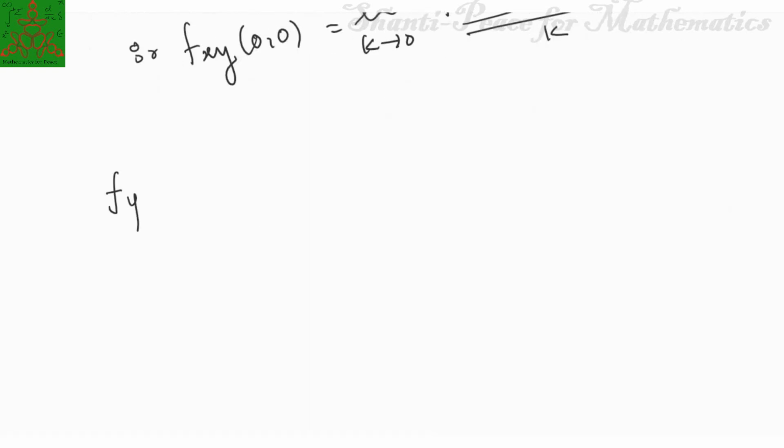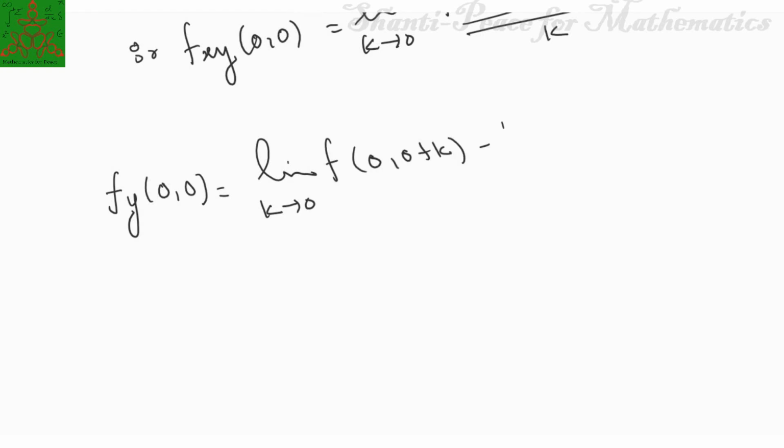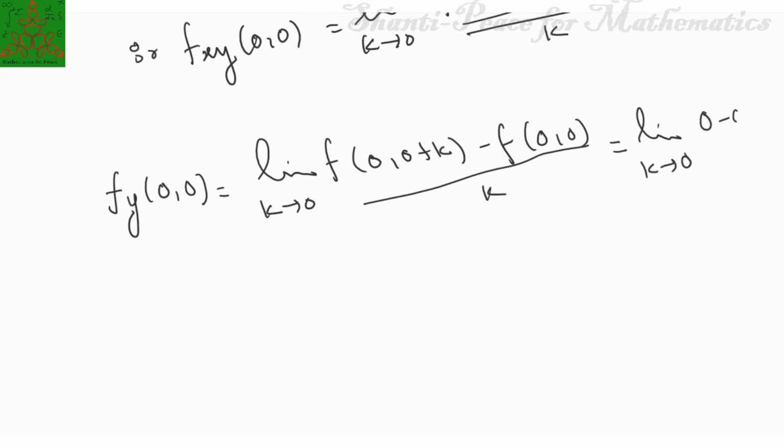Now f_y at (0, 0), let us calculate that. f_y at (0, 0) is limit k tends to 0 of f(0, 0 plus k) minus f(0, 0) upon k. So this will give you limit k tends to 0 of 0 minus 0 upon k. So that will give me 0.